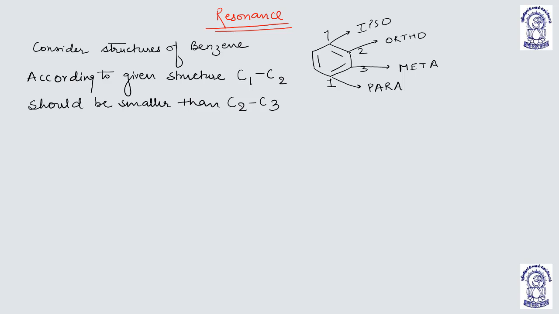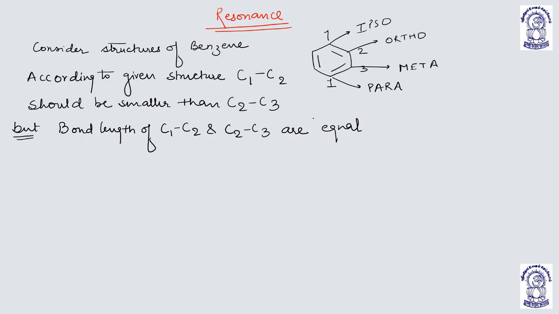C1 C2 is having a double bond, and the bond length of a double bond will be lesser than the single bond. Okay, but on different studies done like X-ray diffraction and spectroscopy, we came to know that bond lengths are equal. Okay, the bond length of C1 C2 and C2 C3 are equal.